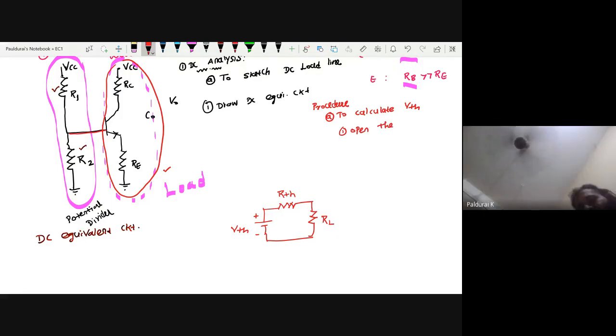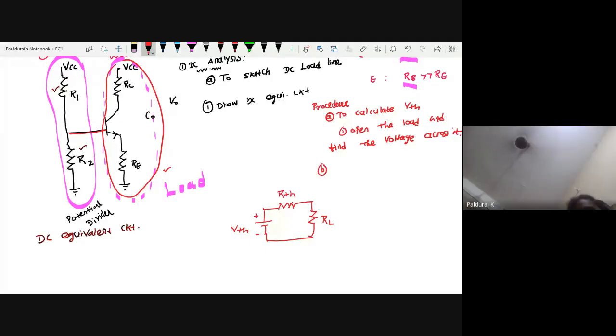Open the load and find the voltage across it. Can you remember this? The procedure to calculate VTH: you want to open the load and find the voltage across it. That will give you VTH.